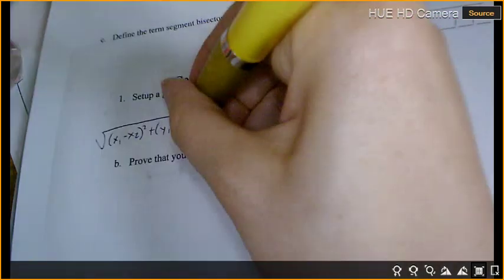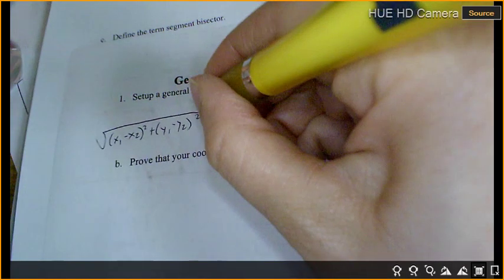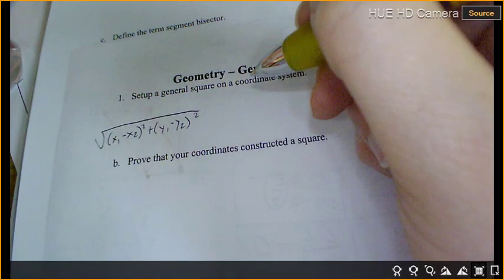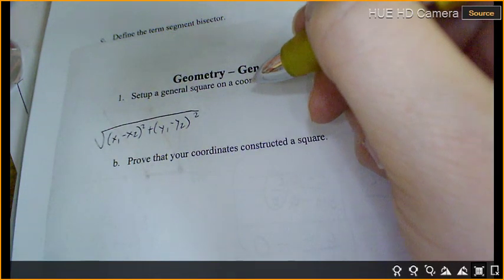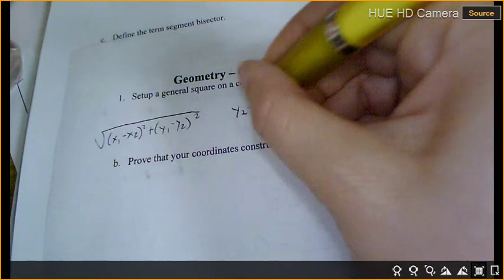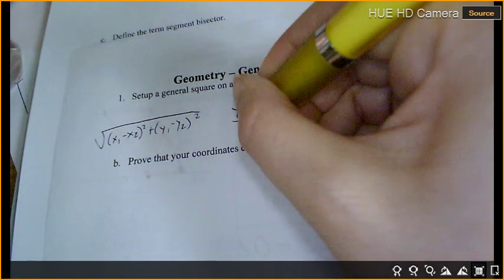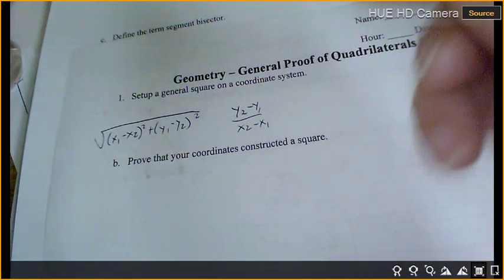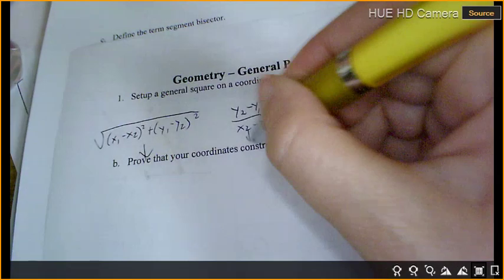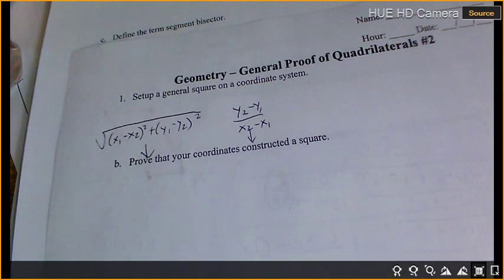The distance formula is x1 minus x2 squared plus y1 minus y2 squared, square rooted. And for the slope we have to do y2 minus y1 over x2 minus x1. That's what we're going to use for B. We've got to do both of those for everything.